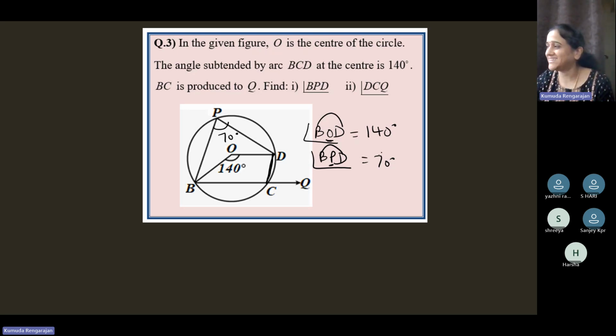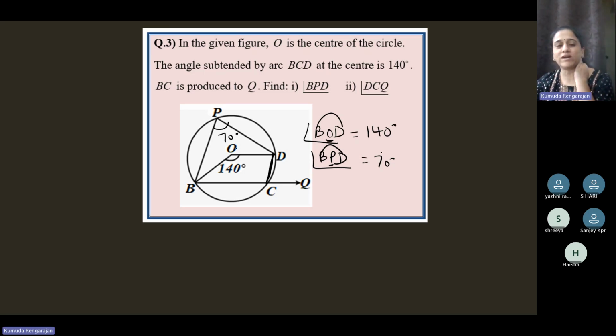It's not 110. Sorry, 70. I just saw, and opposite, that is the side. Ma'am, DCQ is 40 degrees. No.